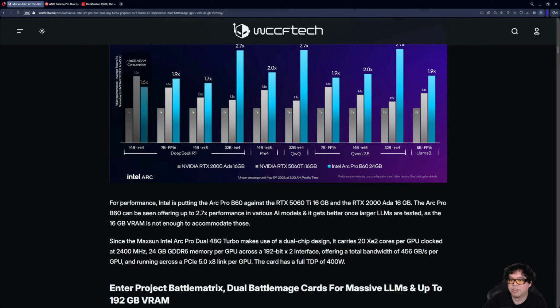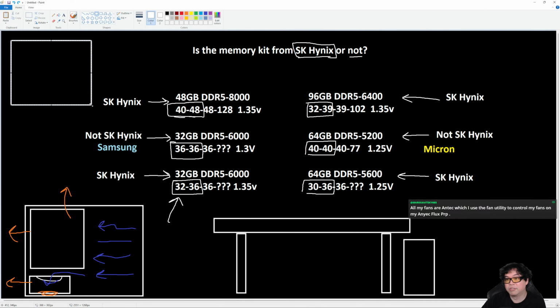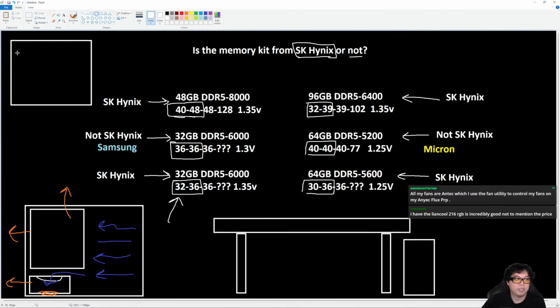But the dimensions of it are really strange. Let's say the case is like this big. This is the Lian Li case I'm talking about, that I've had for like 8 years. There's no side window. It's all lightweight aluminum.